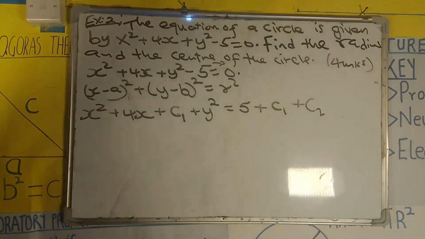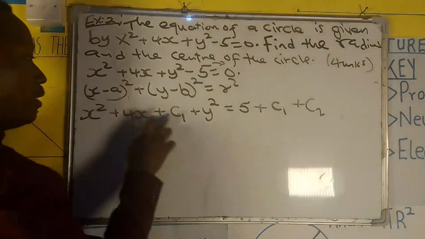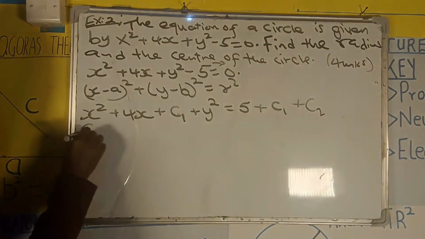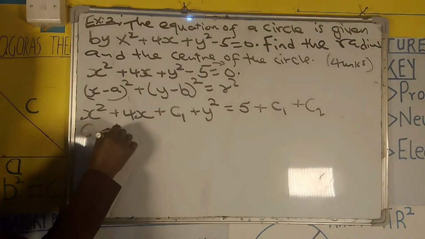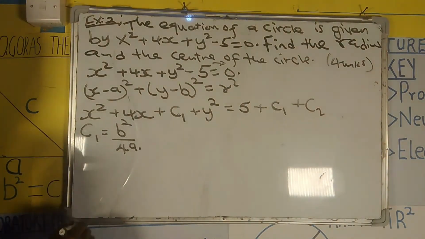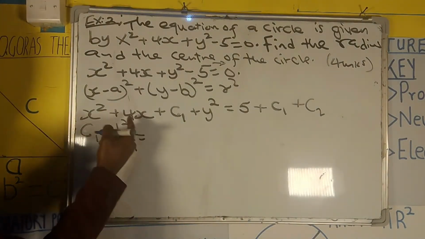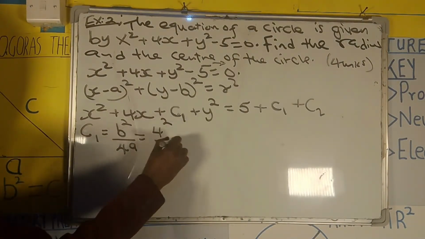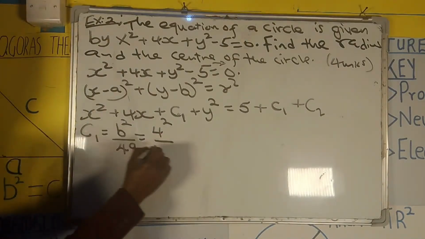So what will this be? C1 we said is b squared over 4a. So C1 is 4 squared over 4 times 1, which is 4.